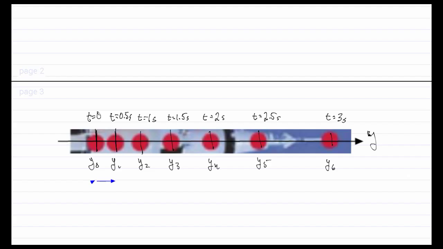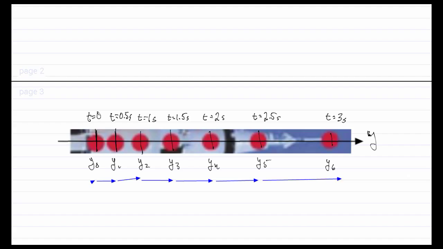Then, as we move to y1, our velocity increases, and as we go from y1 to y2, it increases some more, and so on. I can draw all of these velocities. The key point here is to note that the velocity is equal to the change in position, or rather the displacement over time.